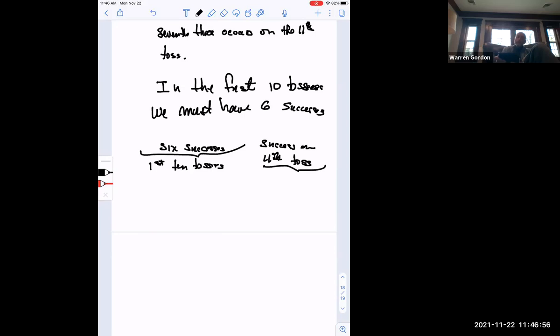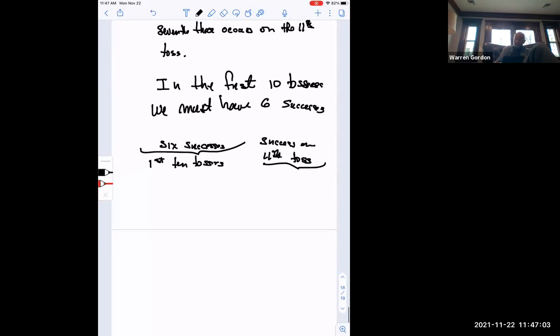So there are really 2 parts of this problem. I have to get 6 successes in the first 10 tosses. And on the 11th toss, I have to get a success, and the probability of success is what? 1/6. This is just 1/6 by independence.